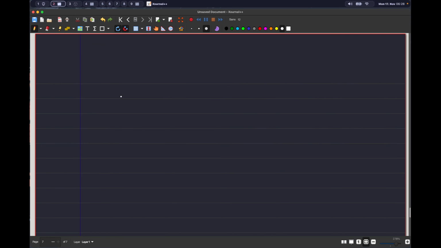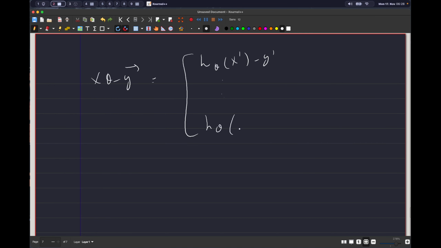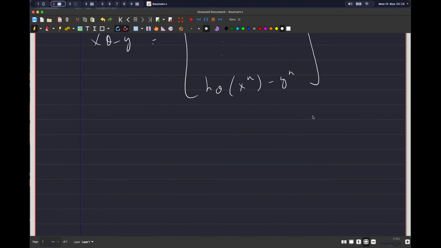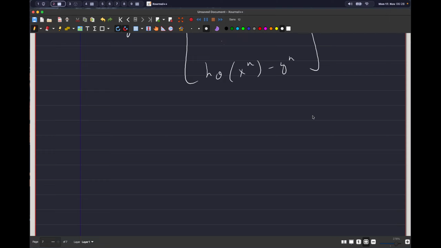Now, that X theta minus y vector can also be written as h of theta x1 minus y1, all the way up to h of theta xn minus yn. Right. Now, we know this property: for a vector x, x transpose x just gives us the magnitude.